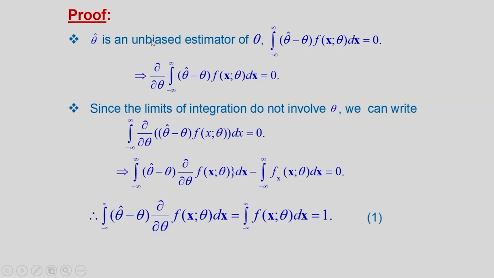Theta hat is an unbiased estimator of theta. So, E of theta hat minus theta must be equal to 0. If we write this in terms of the definition, we get the integration from minus infinity to infinity of (theta hat minus theta) times f of x theta dx equal to 0.